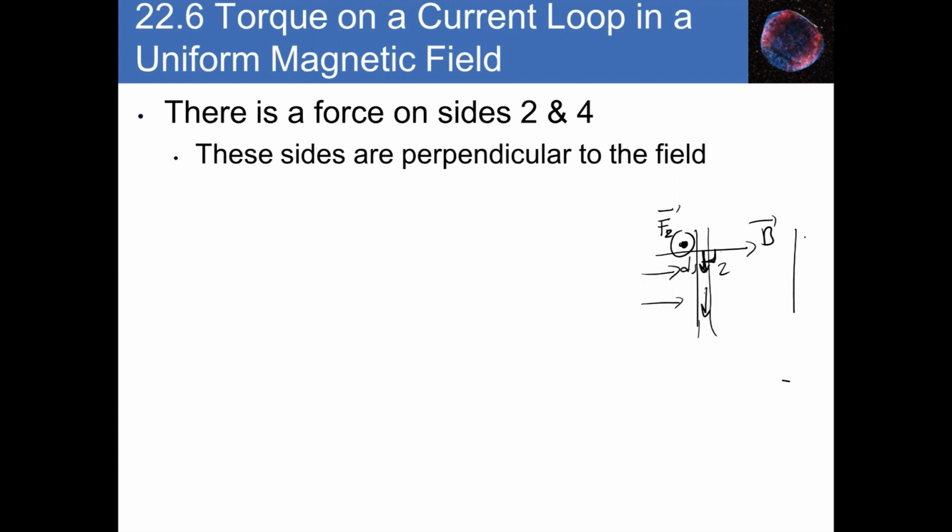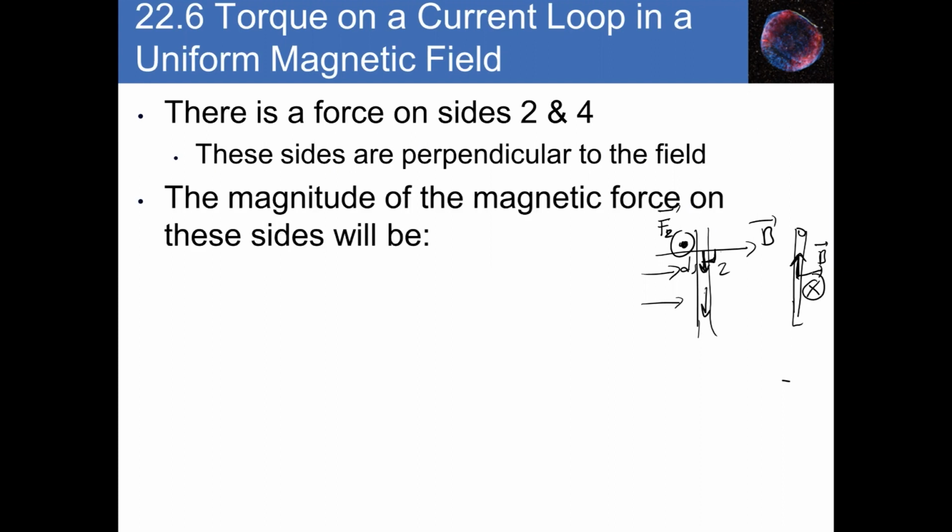And then if I'm considering segment 4, my ds is up, magnetic field is to the right. Then this gives me a magnetic force into the page. The magnitude of the magnetic force on this side, from the equation, is F equals ILB sine theta, but L and B are perpendicular, so it's just ILB.